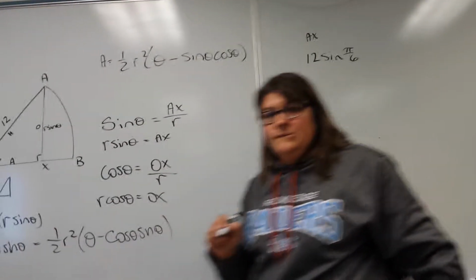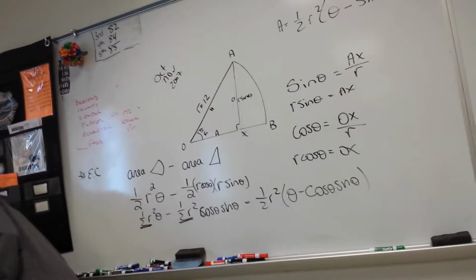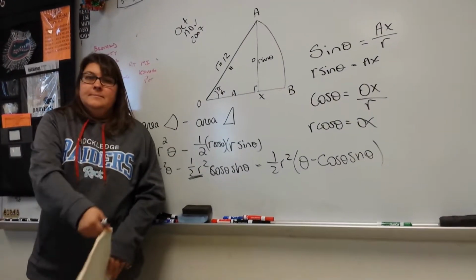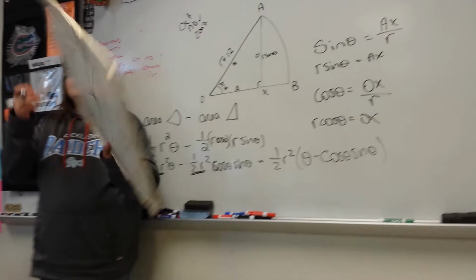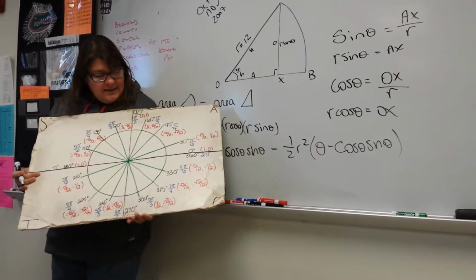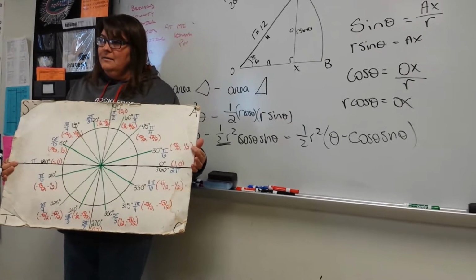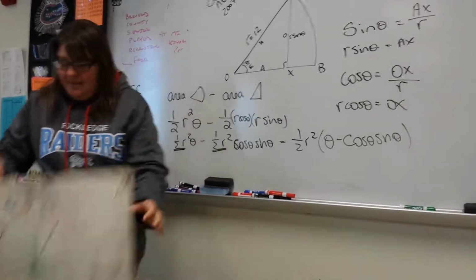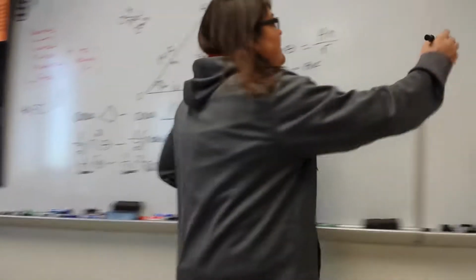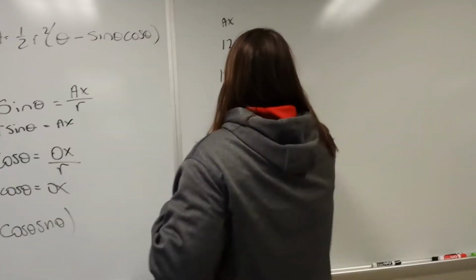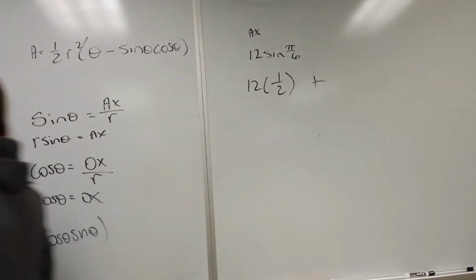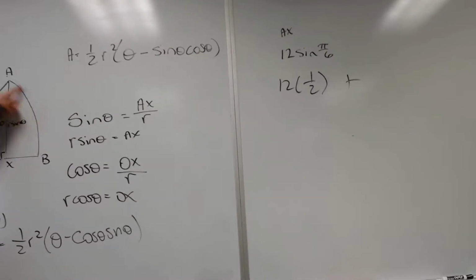Well, the sine is the y value on the unit circle, so you just use that value for pi over 6. So at pi over 6, the sine is 1/2, right? Good job. Okay, let's keep going. So this is 12 times 1/2. So far, so good. Next, we have to find the pizza crust, right?